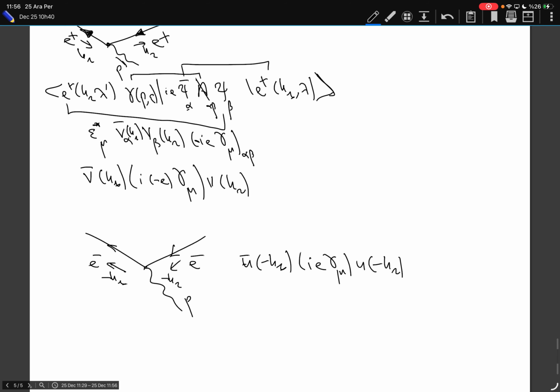And then, of course, epsilon mu star. And we will see in a moment that they are the same thing. And so any questions about the Feynman rules that we have derived? Now we will apply it to e minus e plus scattering.